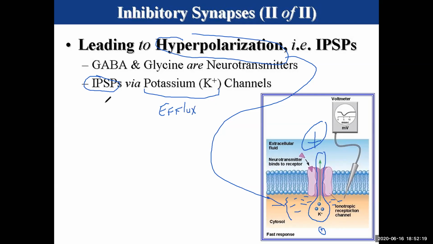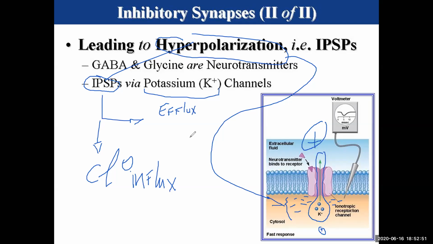Okay. So you can generate IPSP by potassium efflux, or you can generate IPSP by chloride influx, from the previous slide, right? So potassium efflux or chloride influx will generate IPSPs, will hyperpolarize the cell membrane, the plasma membrane, or the phospholipid bilayer of the dendrite or the cell body of the postsynaptic neuron.